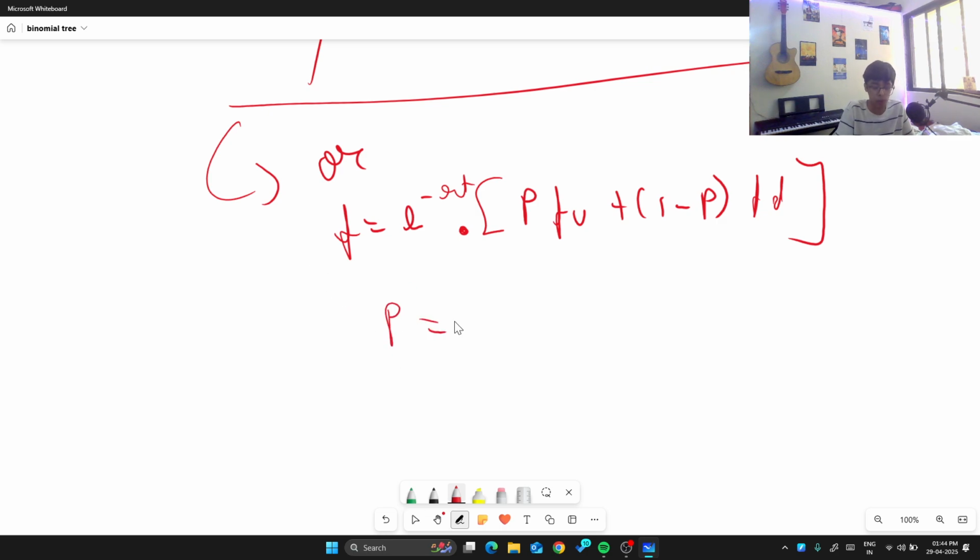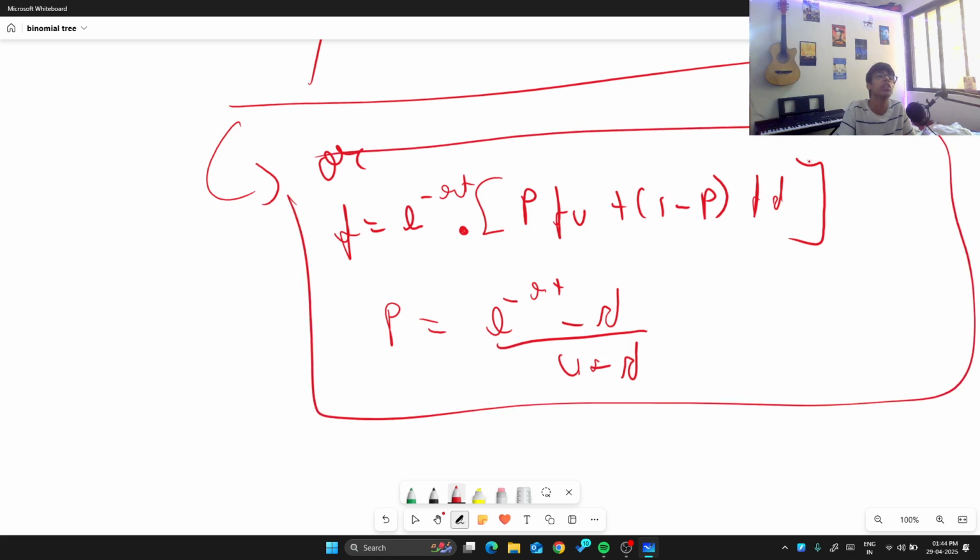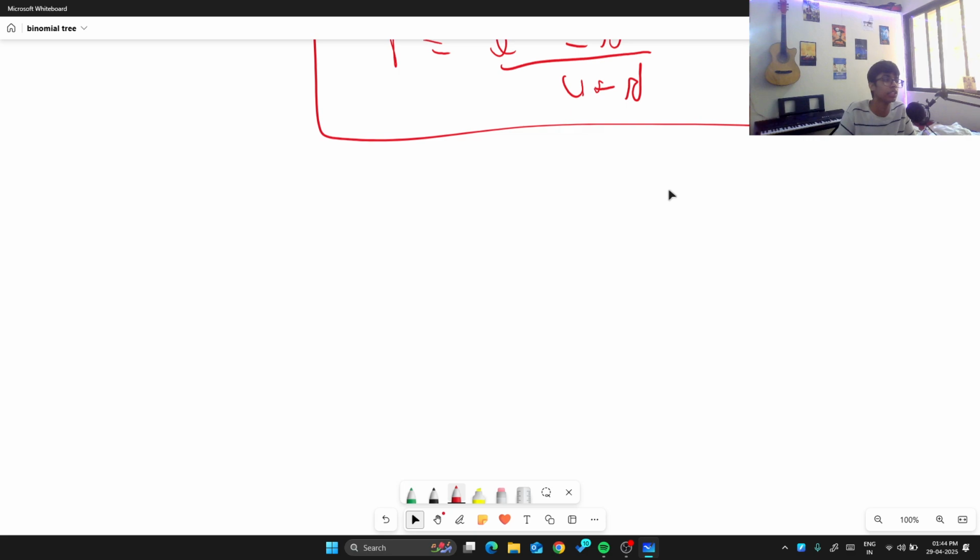And the probability would be (e to the rT minus d) upon (u minus d), and this formula comes from the risk neutral valuation method. So the probability is like that.